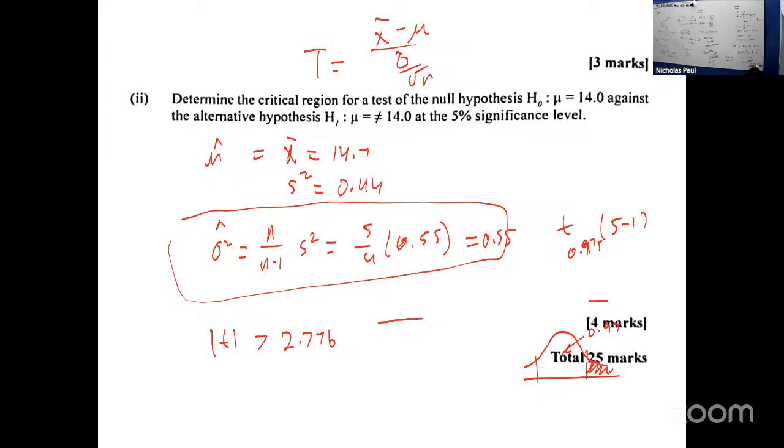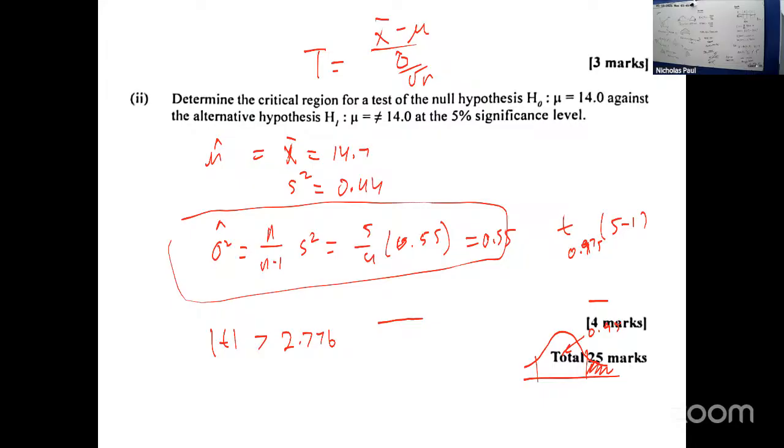Right here, find the value and put in the sample variance 0.44. What's the formula you use to define S squared, to get 0.55?